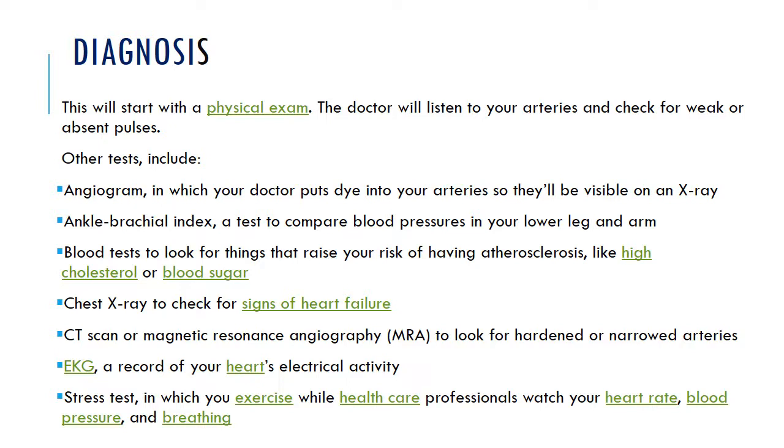That really shows us whether the arteries are normal in shape, or whether there is a blockage, and whether sufficient blood is flowing through the artery, and every little detail can be studied by doing an angiogram. Again, doing a comparison blood pressure test, blood pressure monitoring in your lower leg and arm. That is how you compare the blood pressure difference, and that actually indicates that the person may be having some kind of an arterial disease.